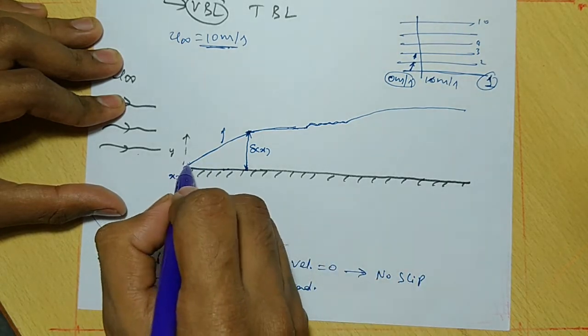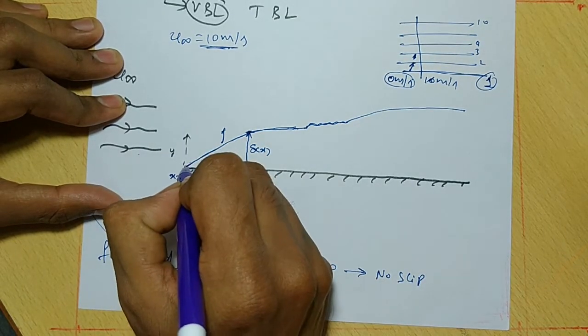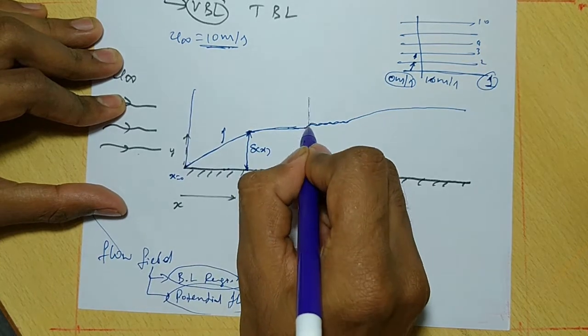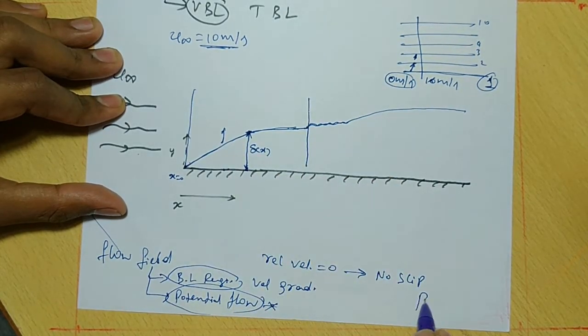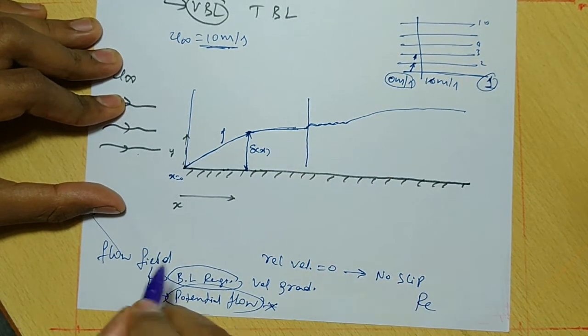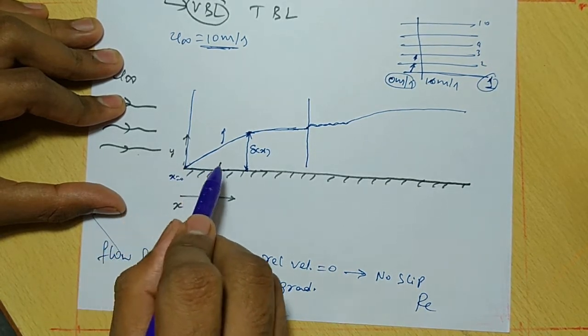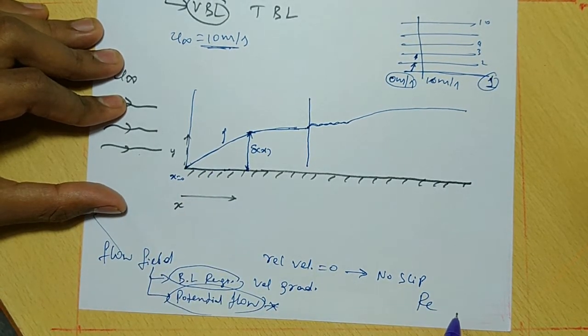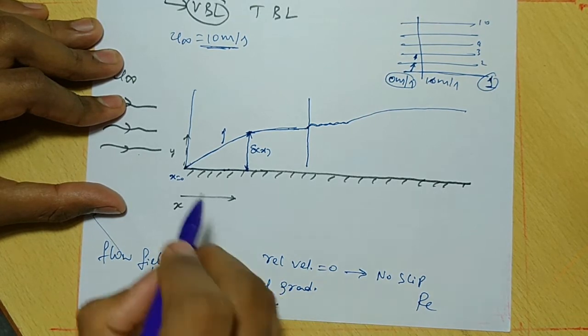Here we can divide the boundary layer into three different zones based on the Reynolds number. The Reynolds number tells the characteristics or behavior of the flow.